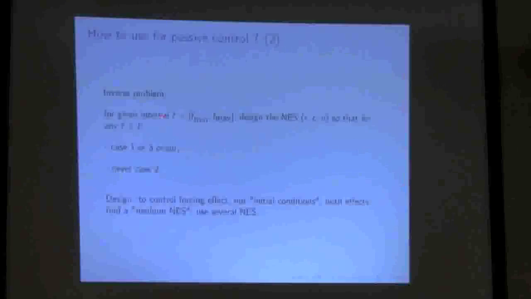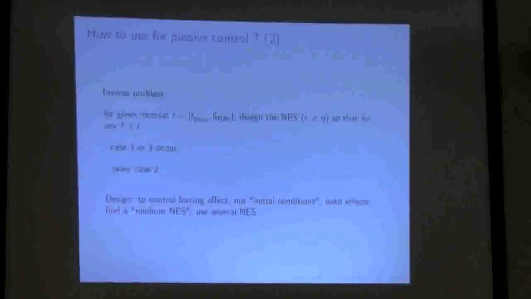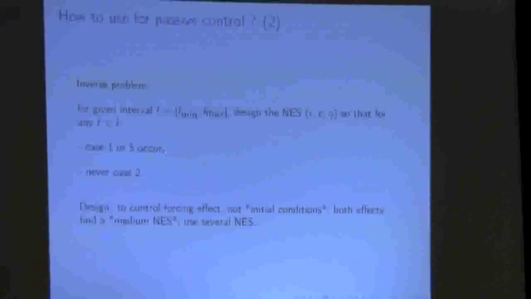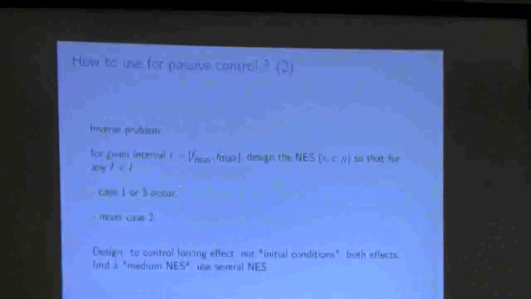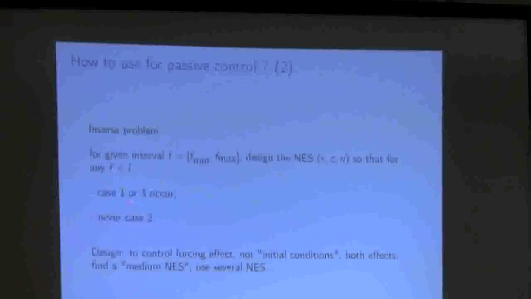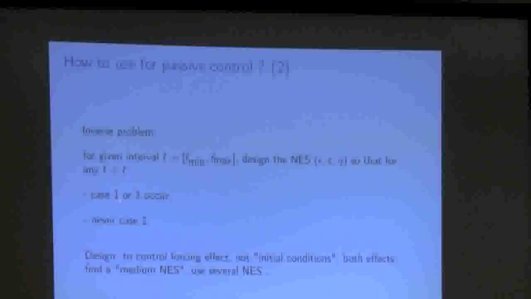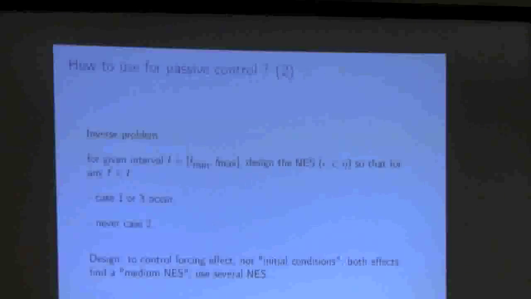So it is what I explained here. If you say, okay, for some interval of external forcing, I want to design the nest, so for all these values, you could solve the previous equations to obtain either case 1 or case 3. But what does it mean?